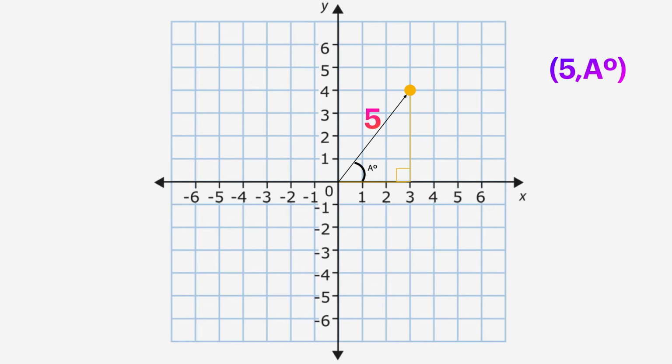Okay, now to find the angle, this is going to require a little bit of trigonometry. So let's go to our SOH CAH TOA. Sine is equal to opposite over hypotenuse, cosine is adjacent over hypotenuse, and tangent is opposite over adjacent.